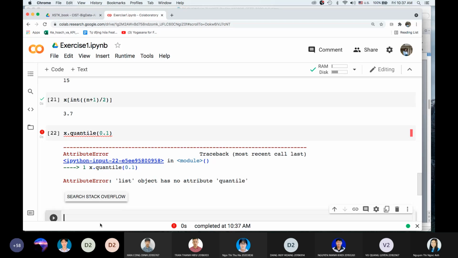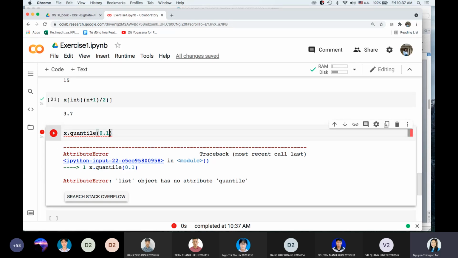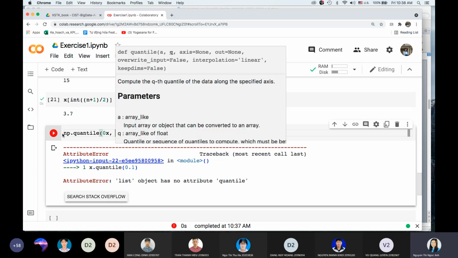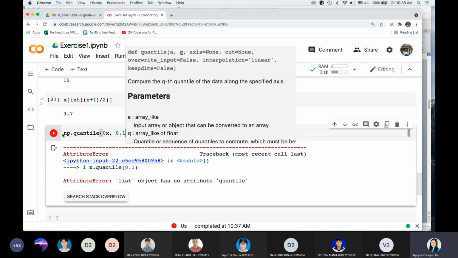Is it 12% or 10%? No. Let us check. Maybe I have to use np.quantile. Now 10% is 0.1.